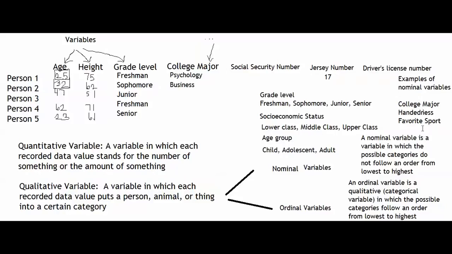You have football fans, basketball fans, soccer fans, or hockey fans. Those categories don't follow an order from lowest to highest, so that would be a nominal variable, just like college major and handedness. You also have different learning styles. Some people are visual learners, and some people are auditory learners. Those categories don't follow an order from lowest to highest. All categories are equal.